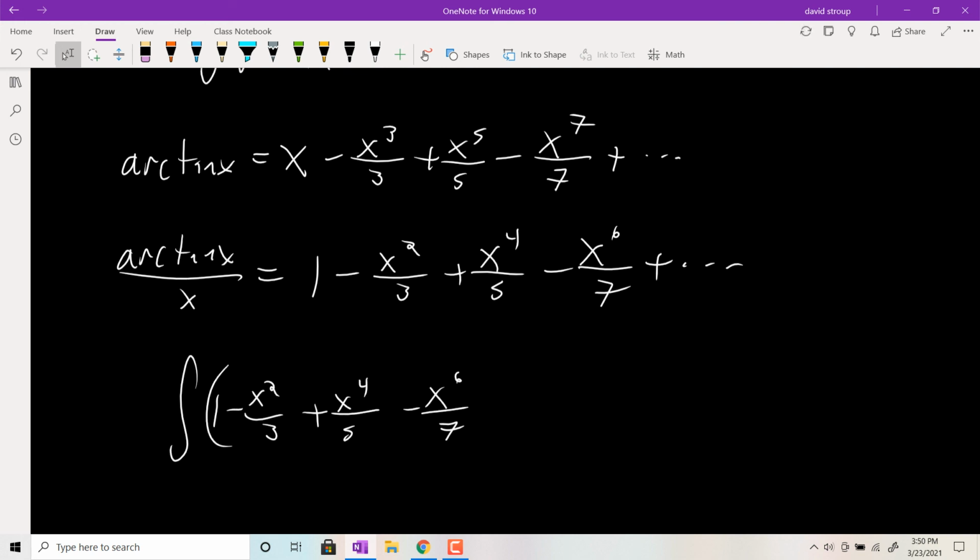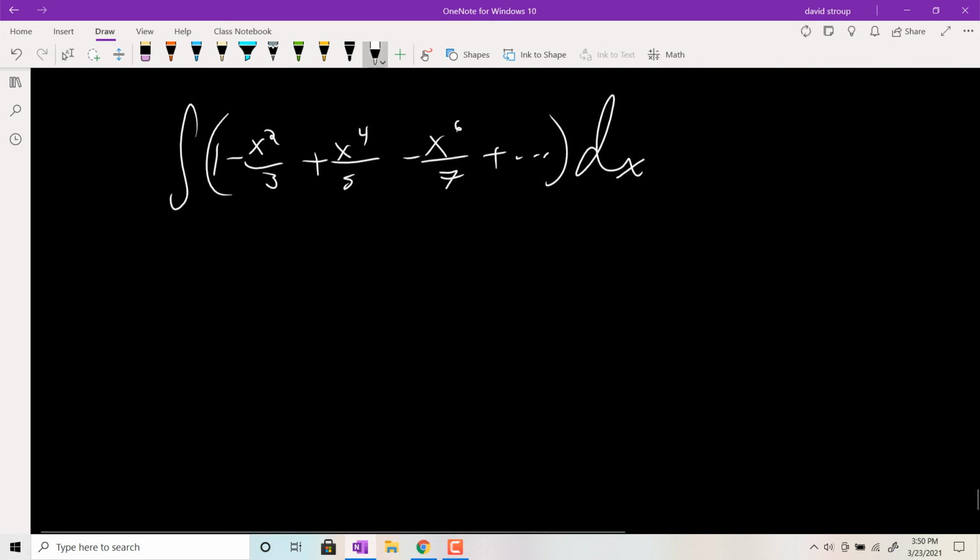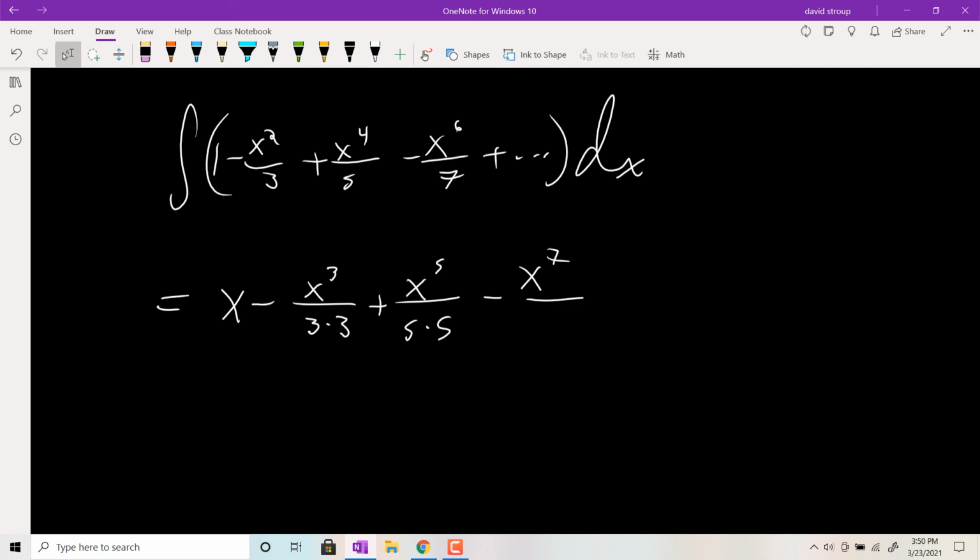This should be pretty easy. Once you get it here, you can do power rules on the polynomial, etc. And we still have to evaluate it from 0 to 1/2.